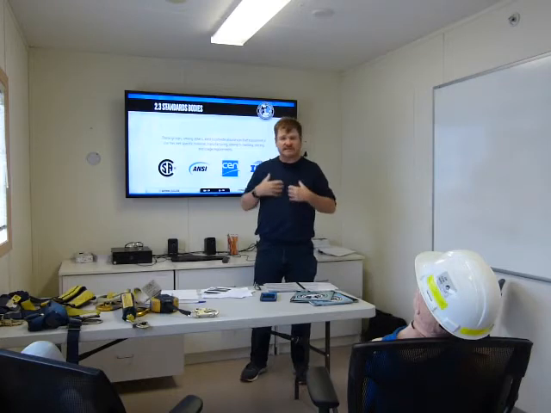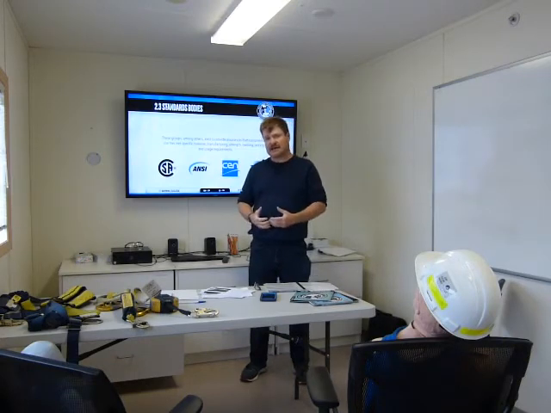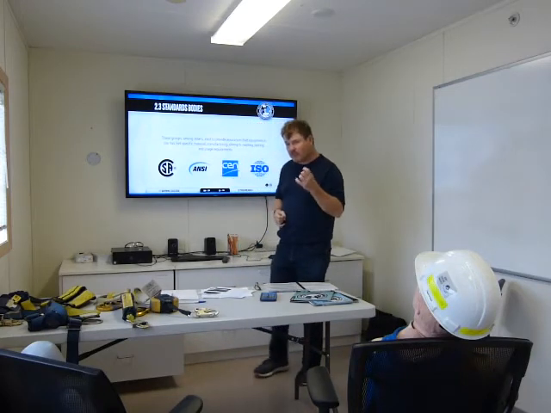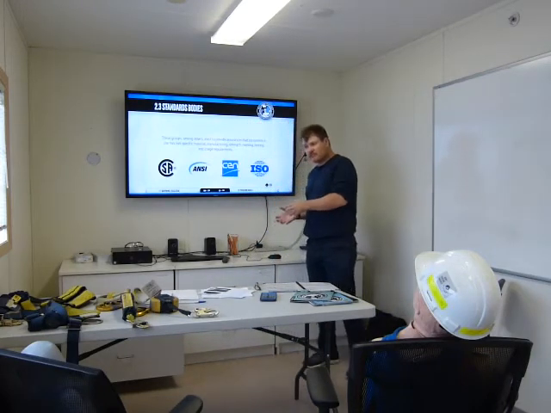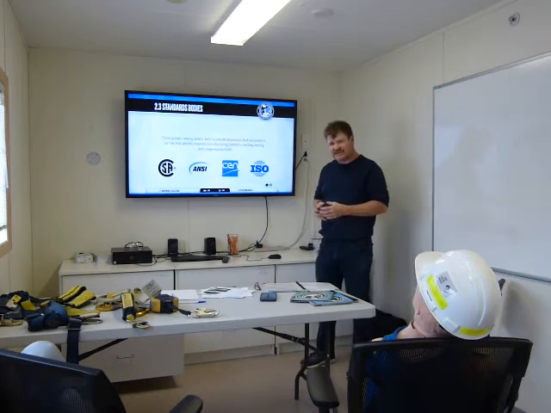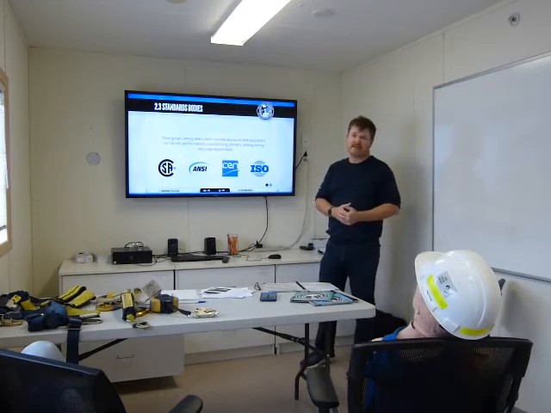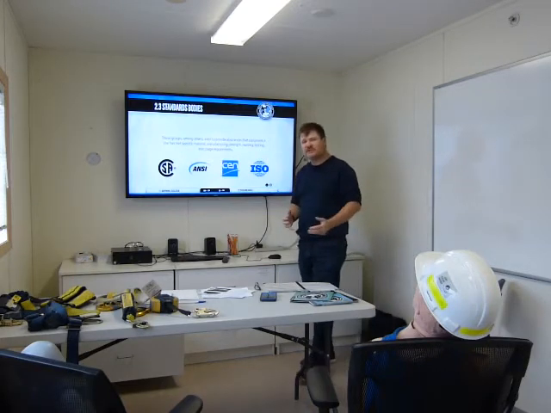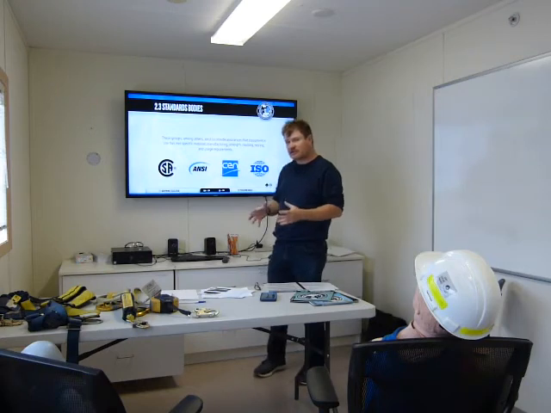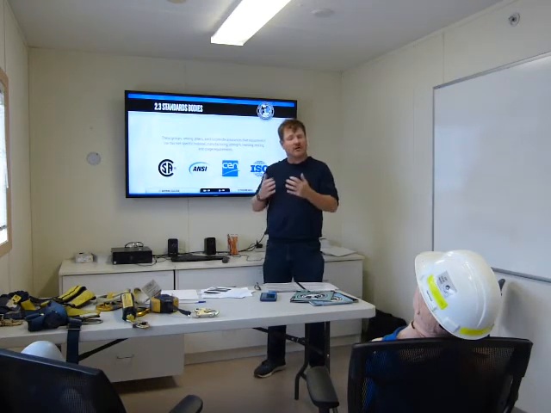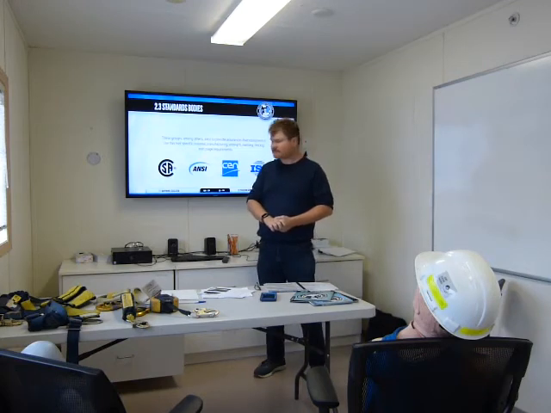That's one of the reasons why we go to CSA as opposed to ANSI for most of our stuff. Having said that, we will find out later on that there are some pieces of equipment, such as nets, that don't actually have an associated CSA standard, but they do have one for ANSI. So if you want to find out about limitations and capacities or what they should be built to, we have to go to the Americans to figure out what's best in that regard.